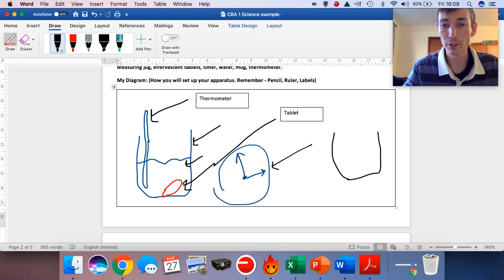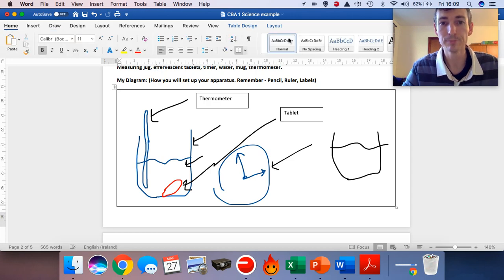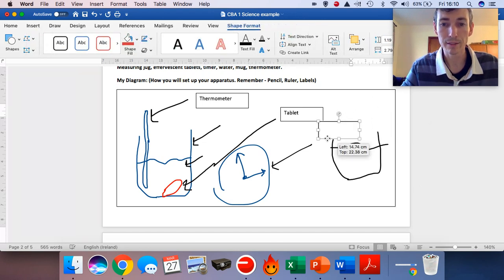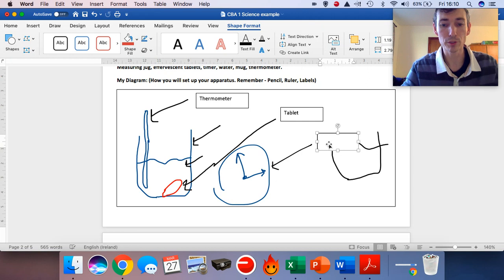And then you draw in the water level or whatever you need to draw. Then you're going to draw in your arrows, and then we need some text boxes to put in our labels. So you're going to insert and text box. Okay, so here's my text box. And this here is my timer, so I'm going to put that in.